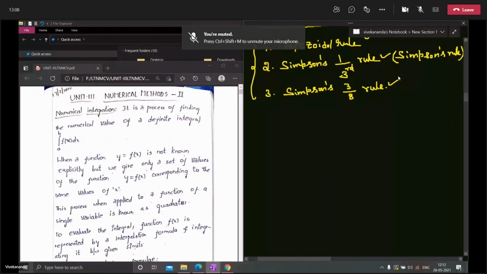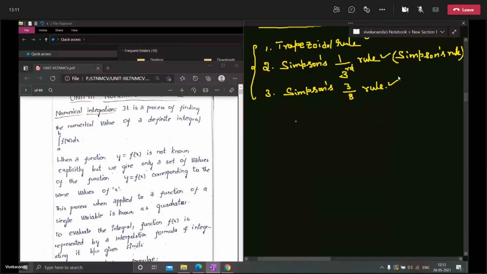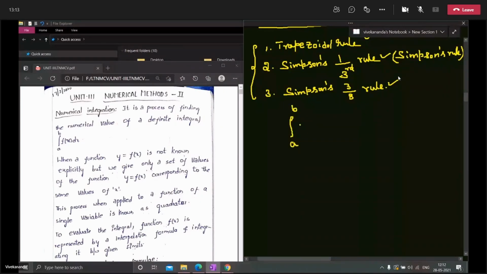Actually, integration a to b f of x dx, if you want to evaluate this, the interval, that is b minus a, is divided into n number of subintervals, and that width is h, equal to b minus a by n.